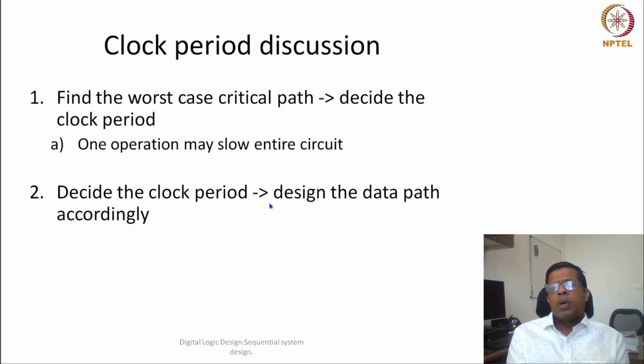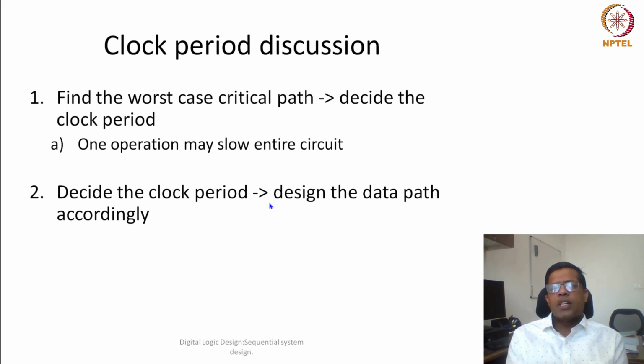Now multiplication and addition are themselves much slower than multiplexing, demultiplexing, decoding, encoding, and other logical operations. And it's quite possible that multiplication is a rare operation, not a regular one. Then due to this multiplication everything will get slowed, because my clock period is determined by the multiplication.